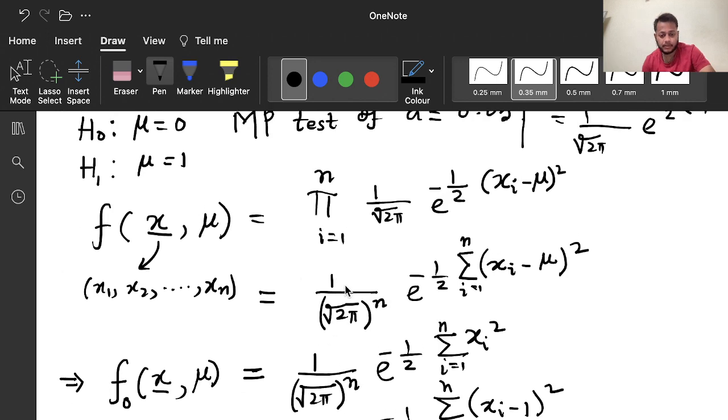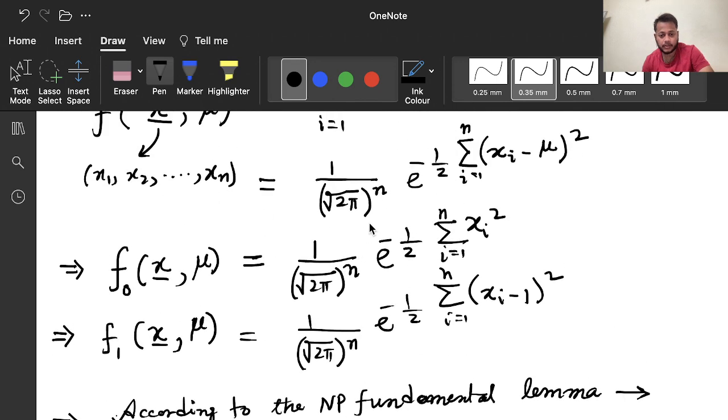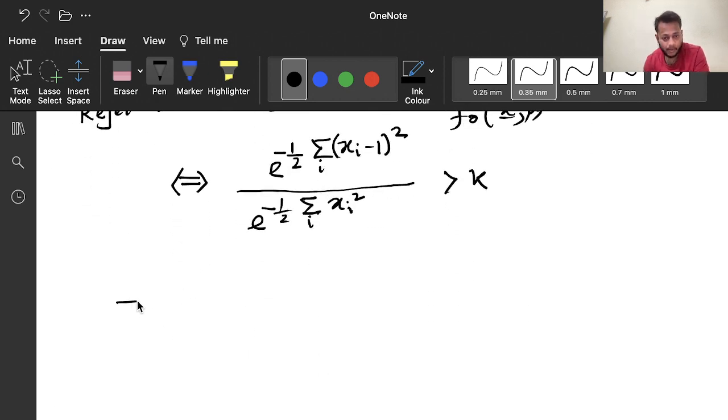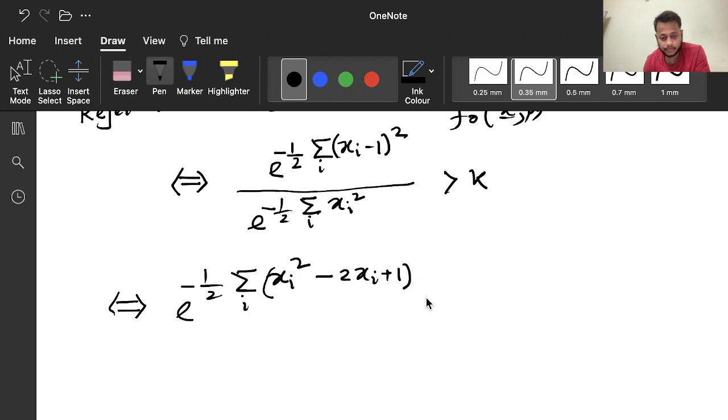So the 1 by root 2 pi to the power n terms cancel out. Let's expand the upper term: e to the power minus half sum over i of (xi square minus 2xi plus 1) into e to the power half summation of xi square greater than k.